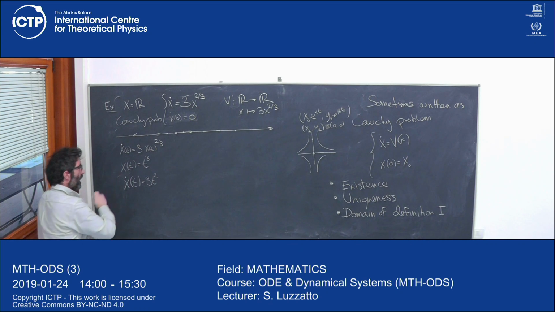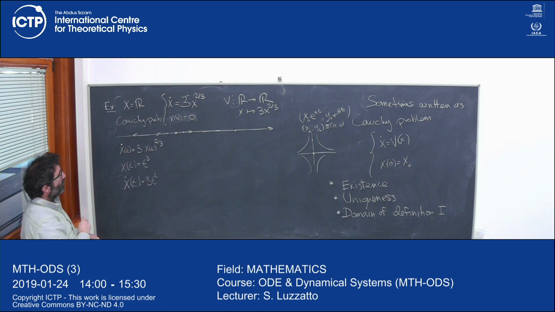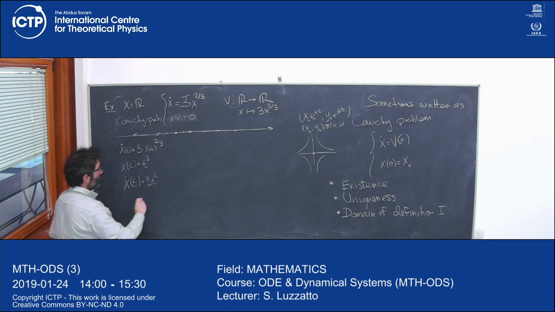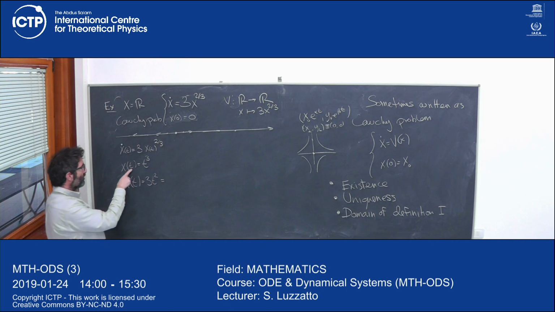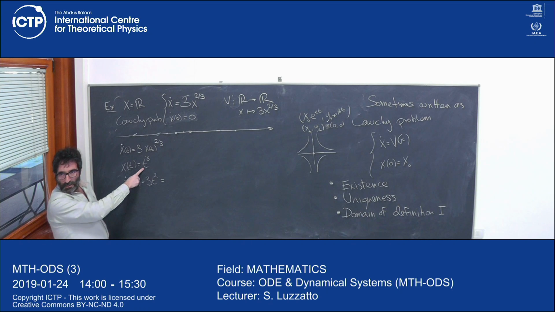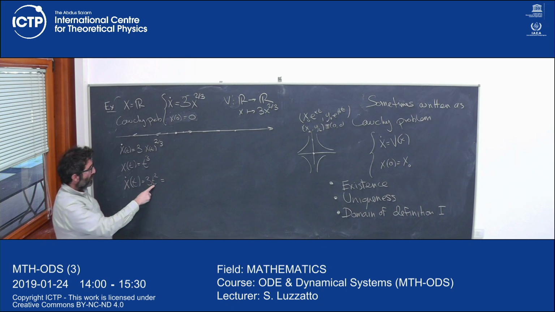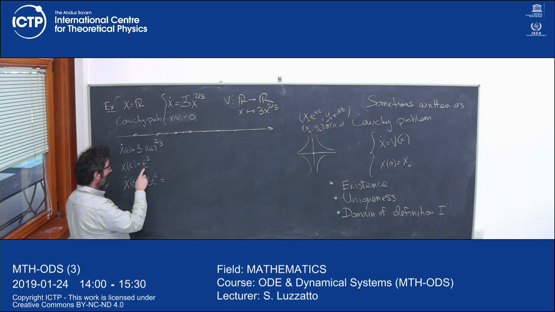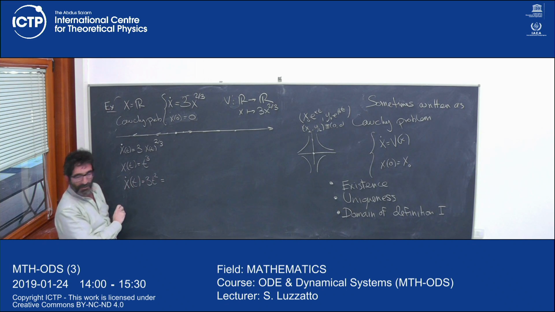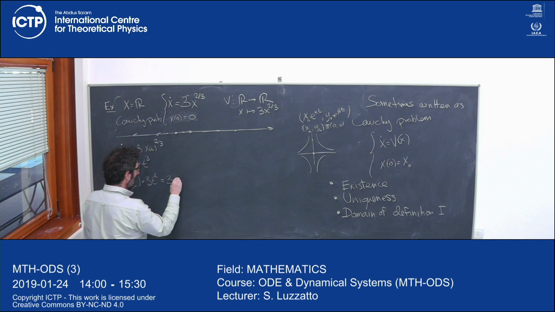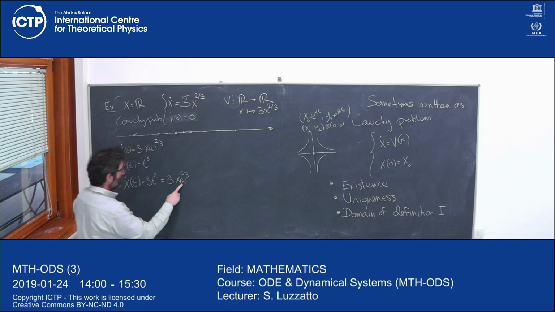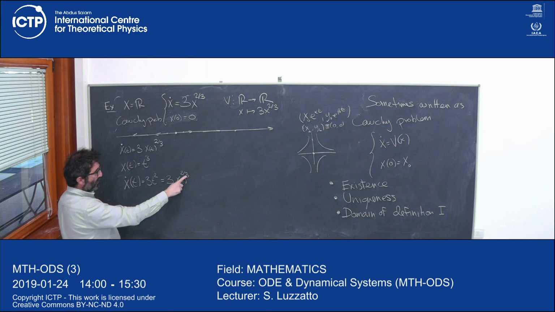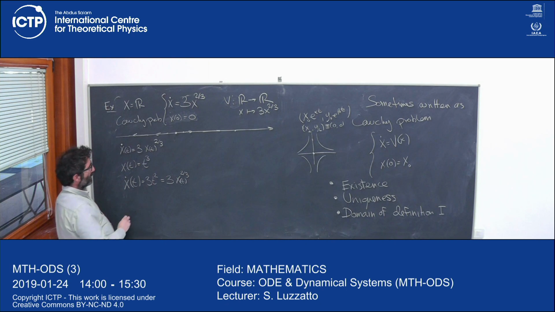And this t squared is equal to x of t to the 2/3, because x of t is t cubed at each point. So this is equal to 3 x of t to the 2/3, because if you put t cubed here, you get exactly t squared.